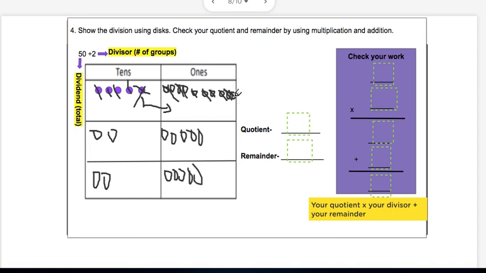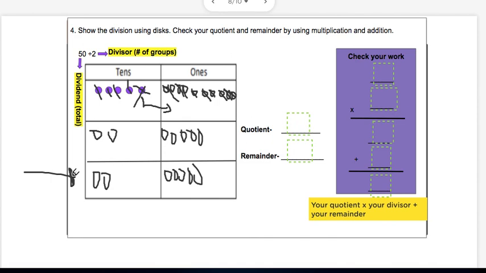Oh, snap! You guys, do we have any remainders in this problem? No, because our groups are equal. How many groups are we going to look at to figure out our quotient? If you said 1, you're absolutely correct.